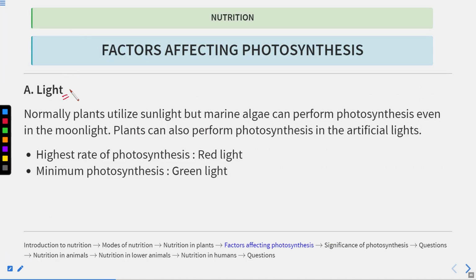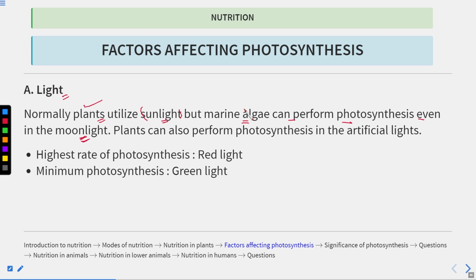Now let's discuss these factors one by one. First is light. Normally plants utilize sunlight, but marine algae can perform photosynthesis even in the moonlight. Plants require sunlight because sunlight has high energy and it is adequate to excite the chlorophyll molecule, but moonlight doesn't have adequate energy to excite the chlorophyll molecule in plants.